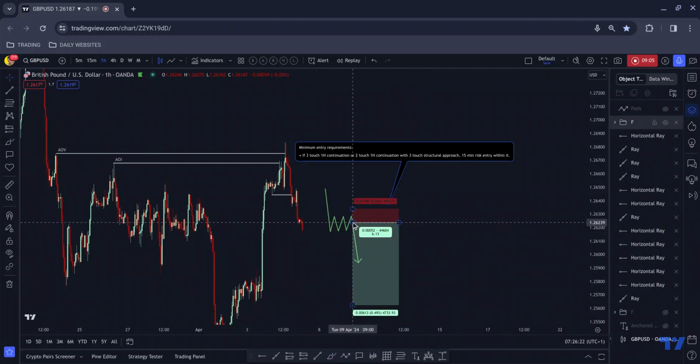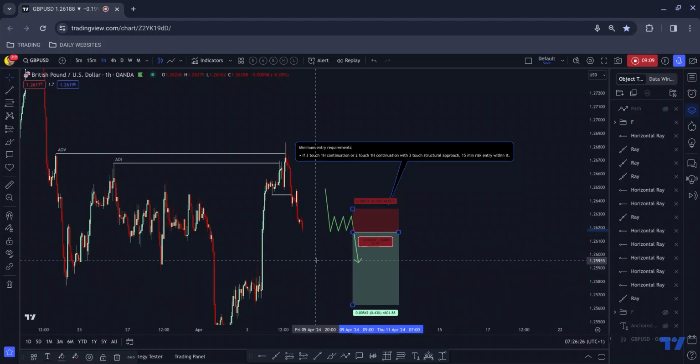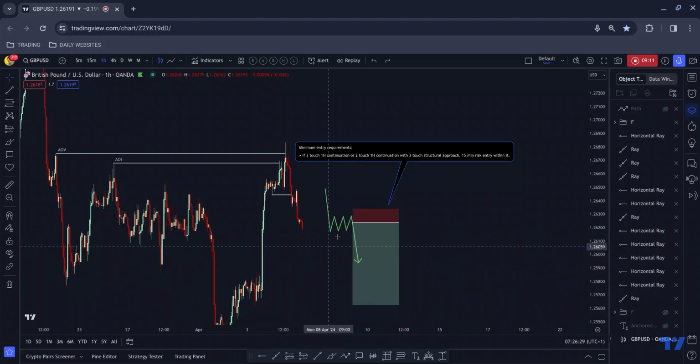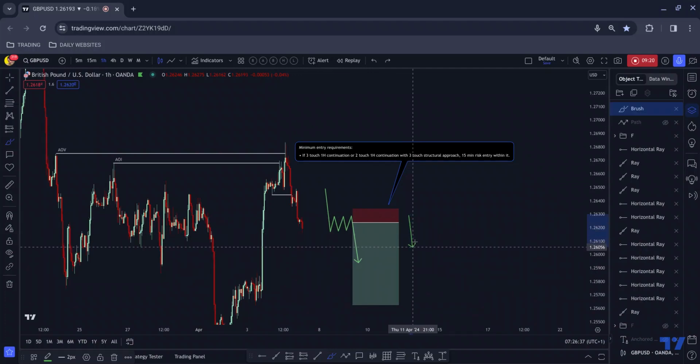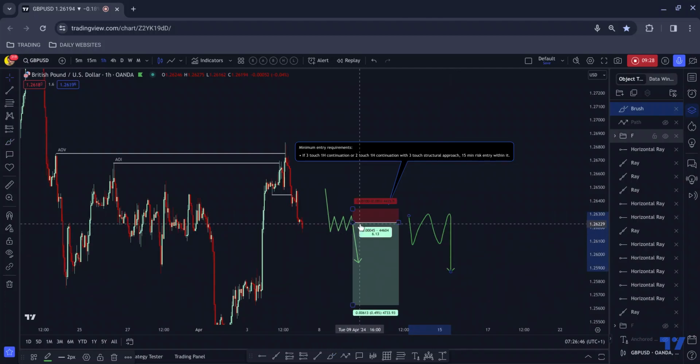So whereas typically you'd see me looking for an entry like this, the reason that I'll be looking for an entry within the flag, and specifically a 3-touch, is because, one, we're quite far into the move, and also price can turn into a slightly larger version of itself, where it does something like this before it drops. Okay, so the reason I take the risk entry within the flag is because if that happens, it typically allows me to get my risk off the table.